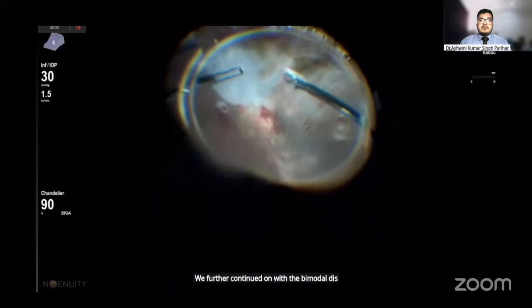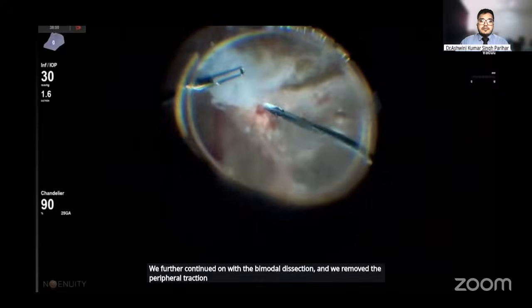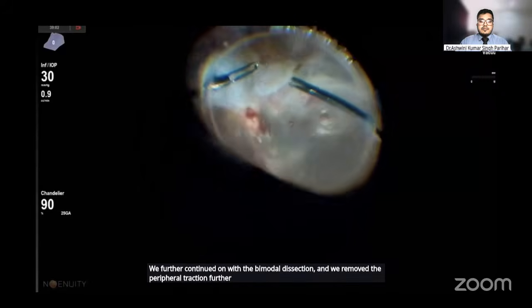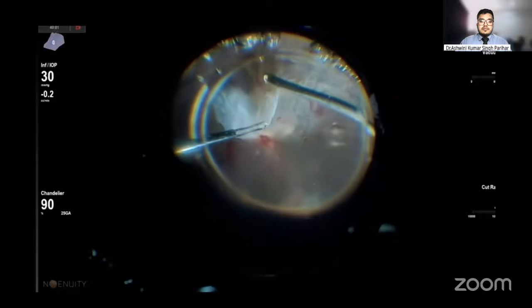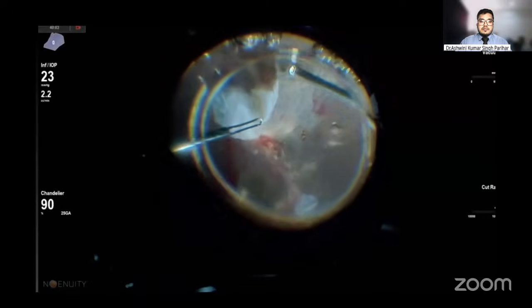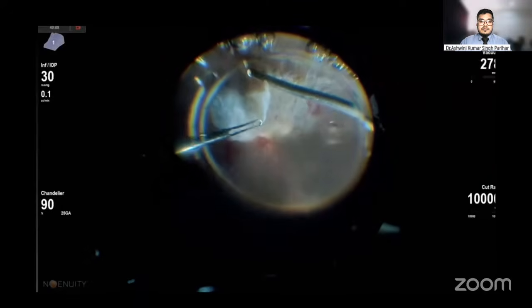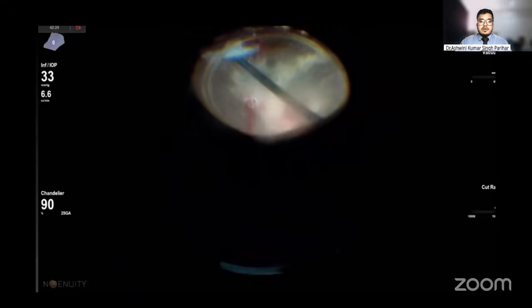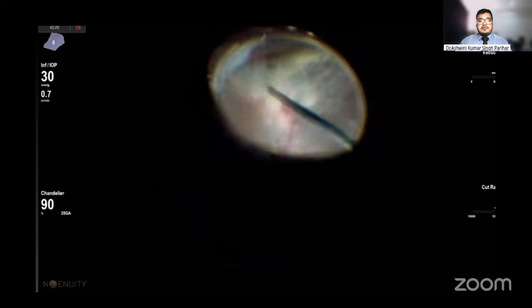We further continued on with the bimanual dissection, and we removed the peripheral traction further.